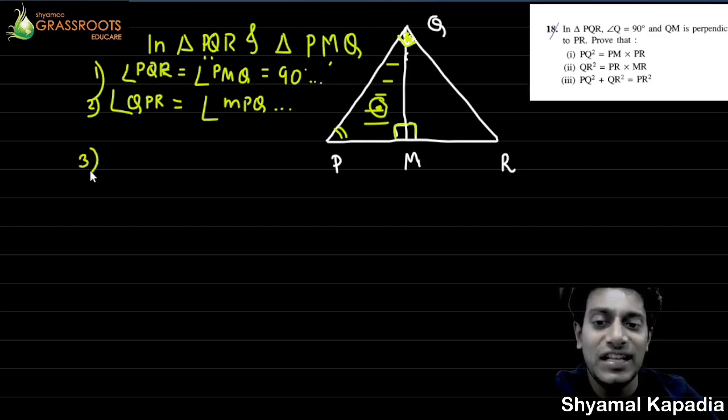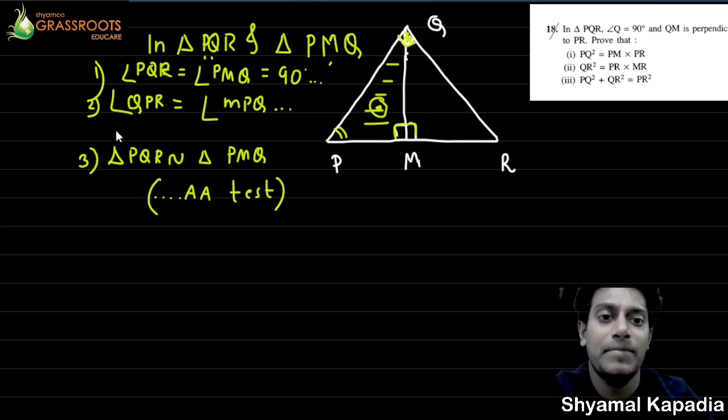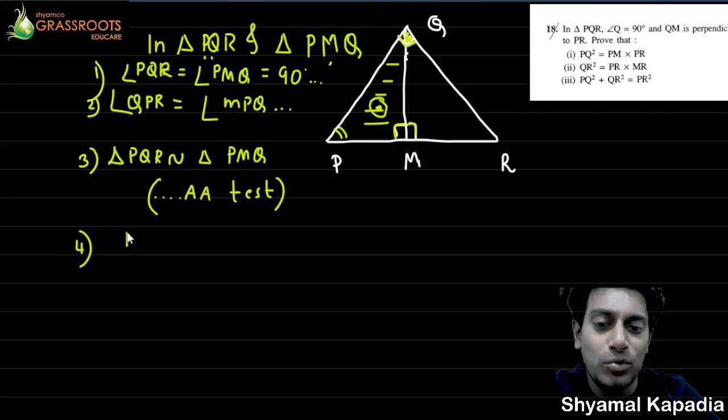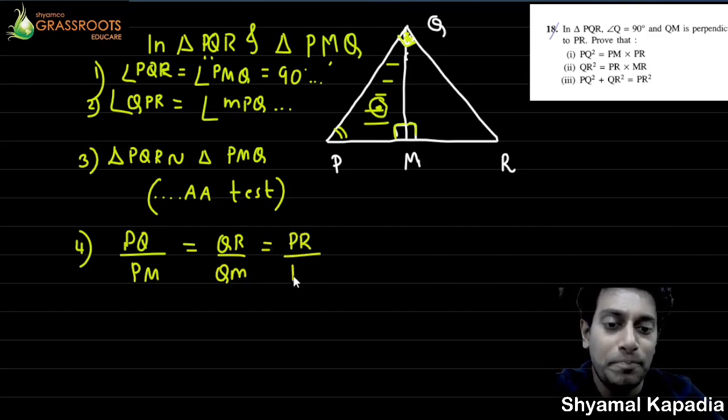So therefore, can I say that triangle PQR is similar to triangle PMQ, and the reason is again the angle test of similarity. Fine, and there you go, finish. And there you can write the proportion, right? PQ upon PM is QR upon QM is PR upon PM. CSSTP.